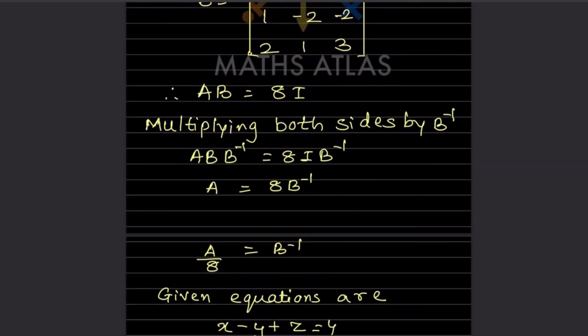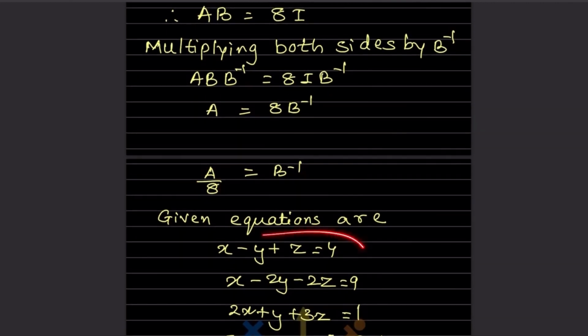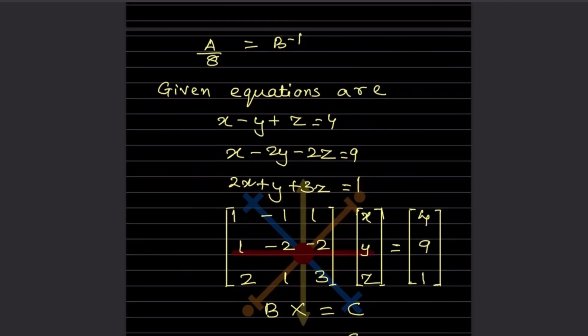So AB is 8 I. So multiplying both sides by B inverse, for this one we are going to multiply both sides by B inverse. So when we multiply this one, we get A as 8 B inverse. So what will we do with this one? This 8 will go on this side, so that will be A by 8, that is B inverse. So the equations are given over here. So now what are we going to do here?